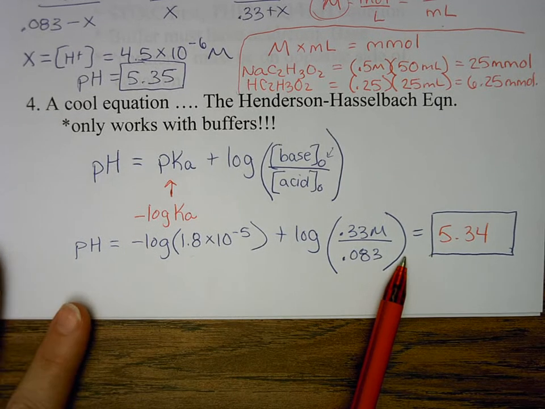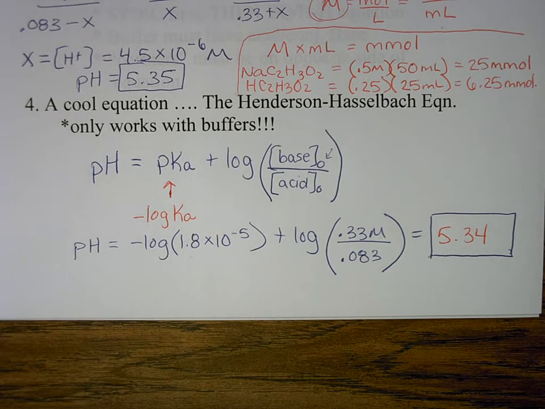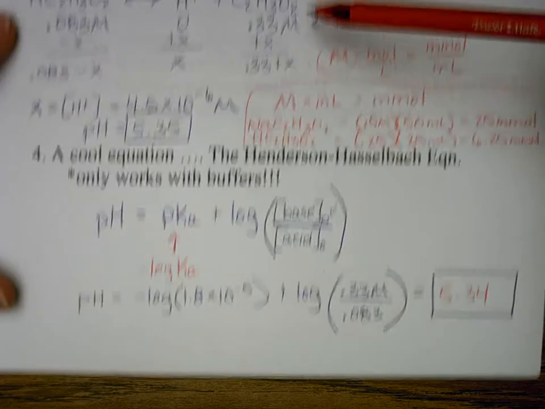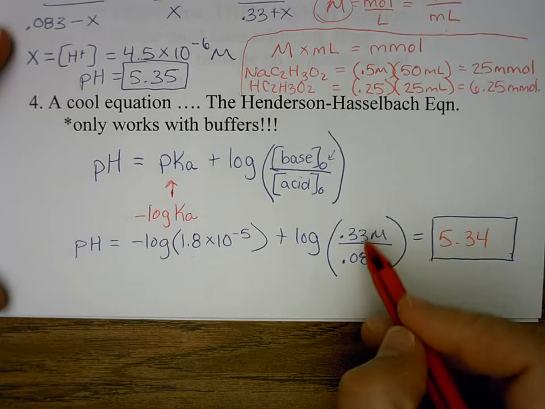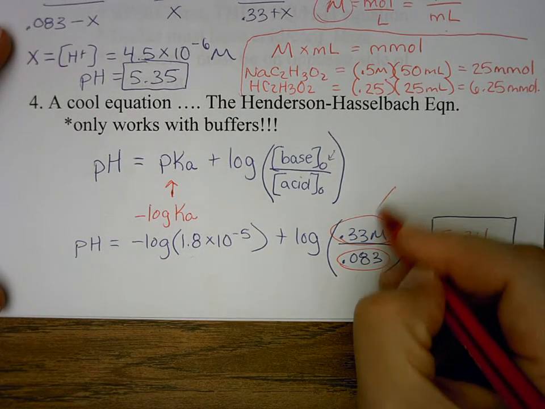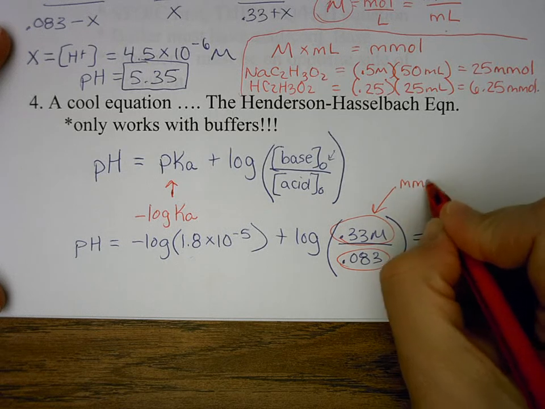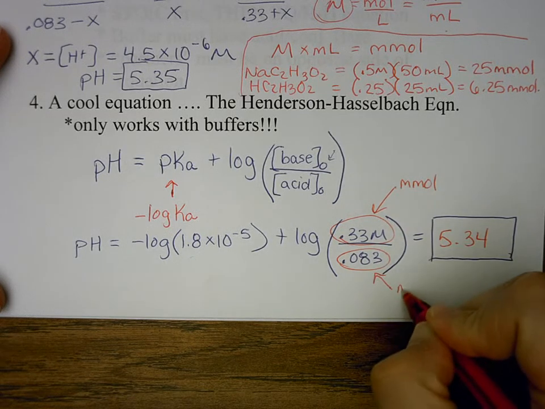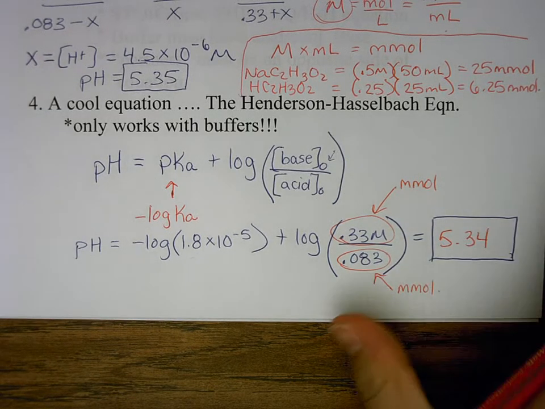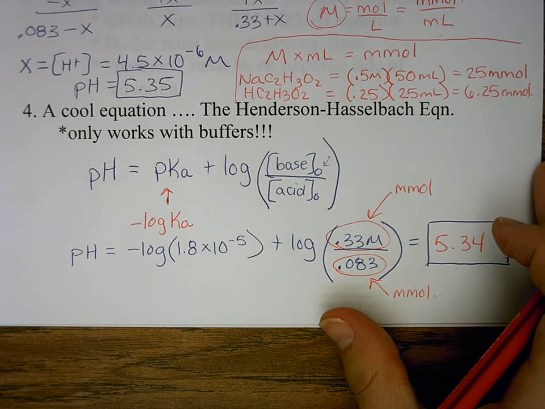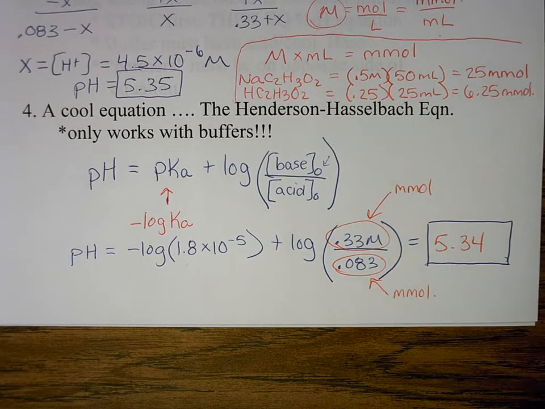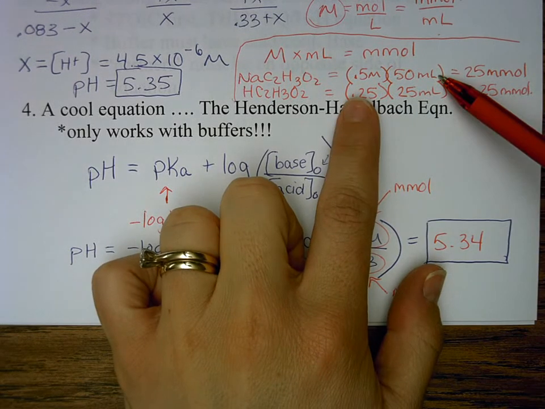The other shortcut is, up here to figure out these concentrations, we had to do M1V1 equals M2V2. Instead of concentrations here, you can plug in your millimoles, which means you don't have to calculate M1V1 equals M2V2. All you have to do is take the molarity times the milliliters, get your millimoles here.